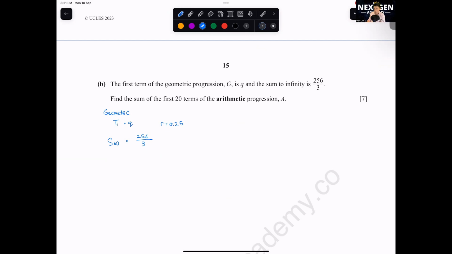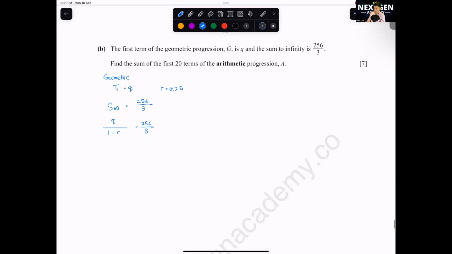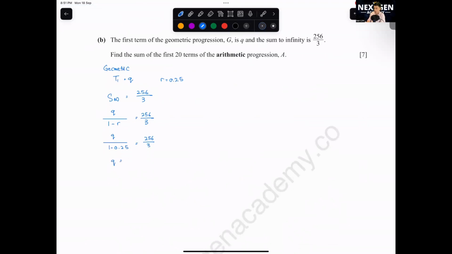A over 1 minus R. The A right now is term 1, which is Q. So Q over 1 minus R equals 256 over 3. The R is 0.25. Therefore, Q is equal to 64. So this is the first thing that we wanted to find. And we just need to always keep in mind, Q is the first term for the geometric progression.